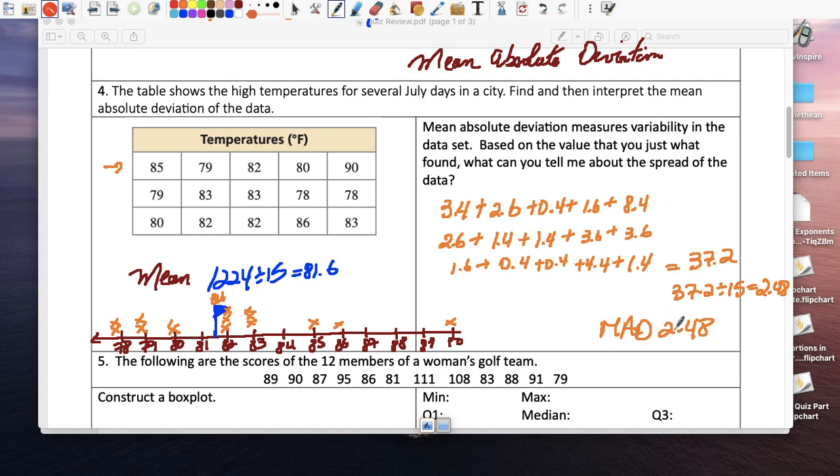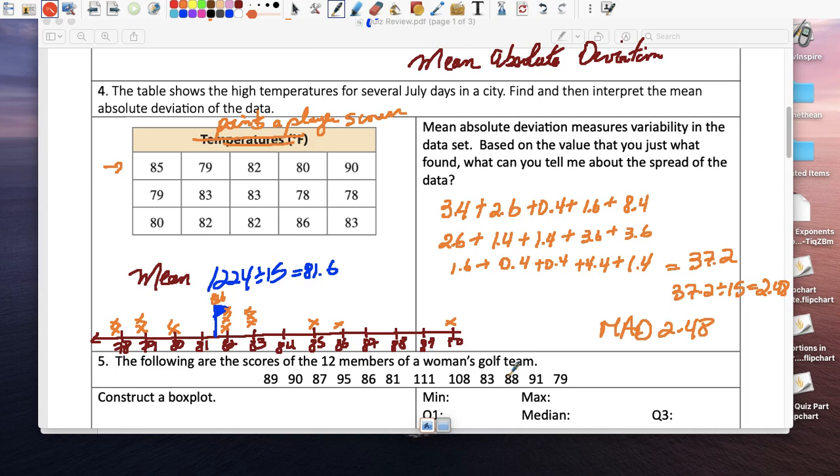So they're about, on average, 2.48 degrees away from our mean. Is it consistent? Can we tell? I don't know. Compare this. Let me change it: instead of temperature, let's say there was a game, and this is the number of points a player scores. So do you think it's consistent?